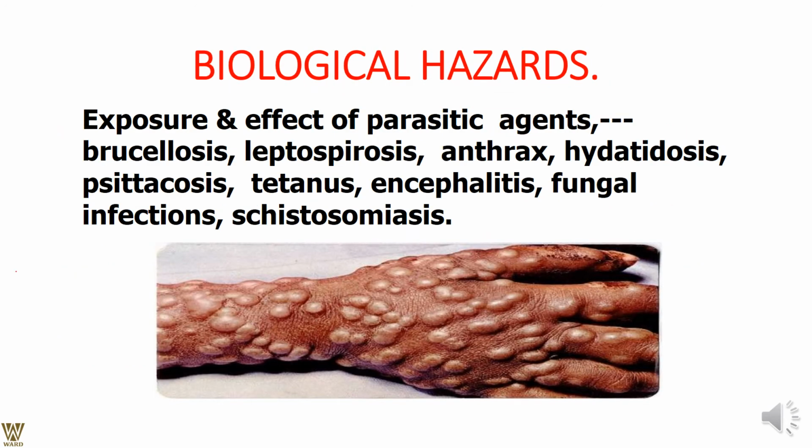I have incorporated this photograph for you to understand the biological hazard. Look at the person. You look, there are blisters all over the skin. It is deteriorating by leaps and bounds, if you want to see it out here. So exposure is an effect of parasitic agents, which can be brucellosis, leptospirosis, anthrax, hydatidosis, whatever you name it, and we have tetanus, encephalitis, fungal infection, and so on and so forth.